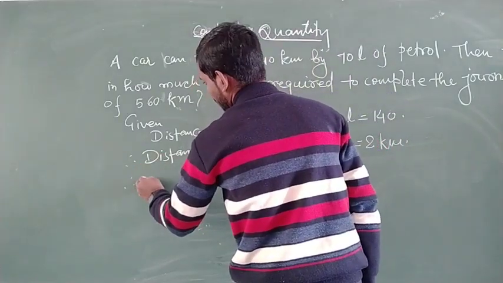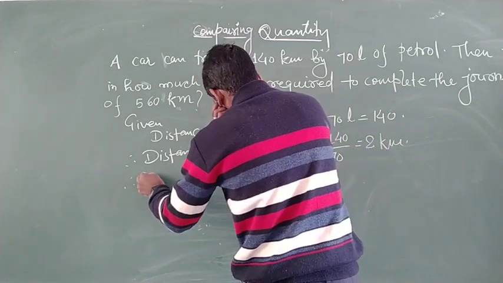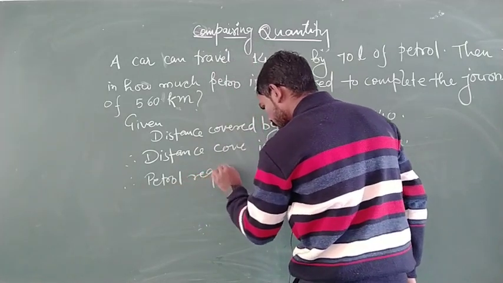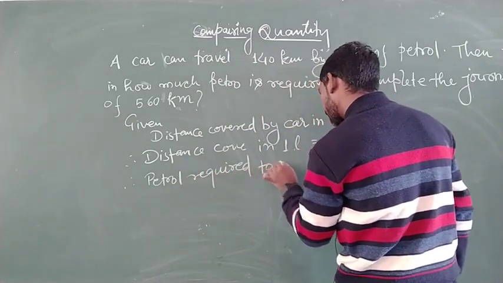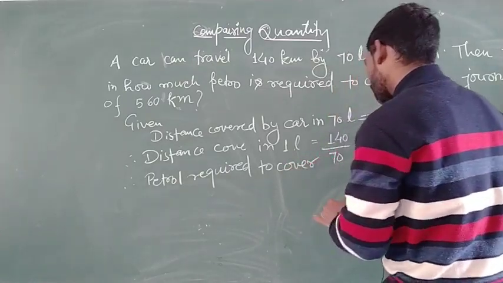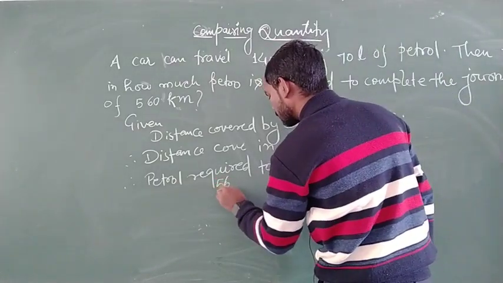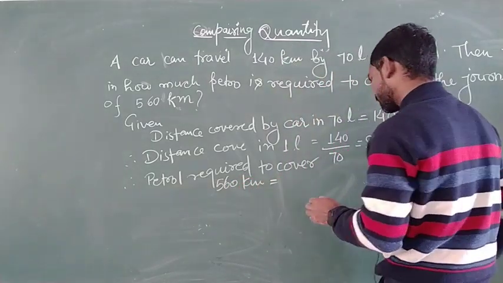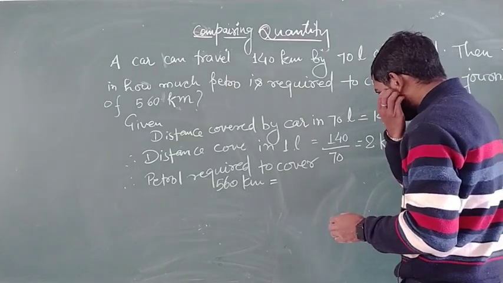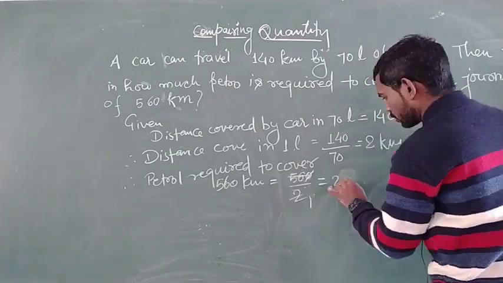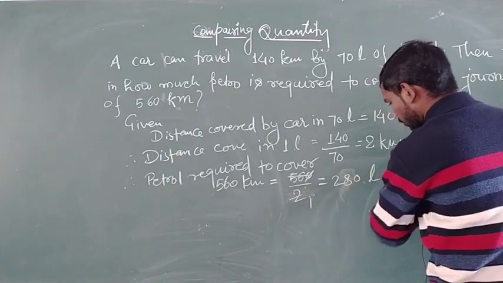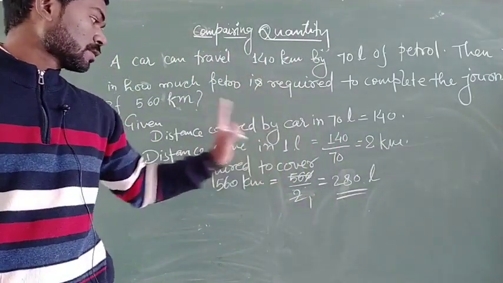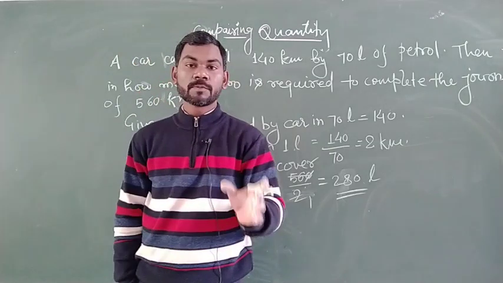Therefore, to find the petrol required to cover 560 kilometers, we shall divide 560 by 2, and 2 eights are 16, so 280 liters of petrol is required to cover the distance of 560 kilometers. So I hope everything is clear.